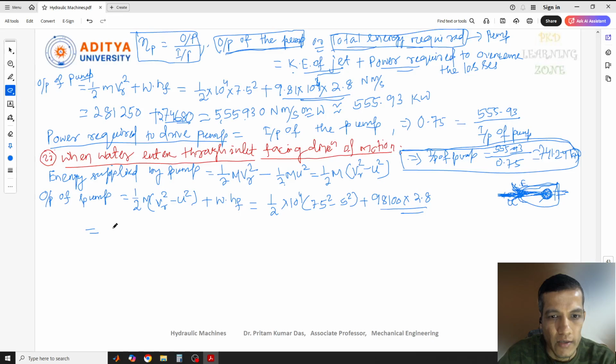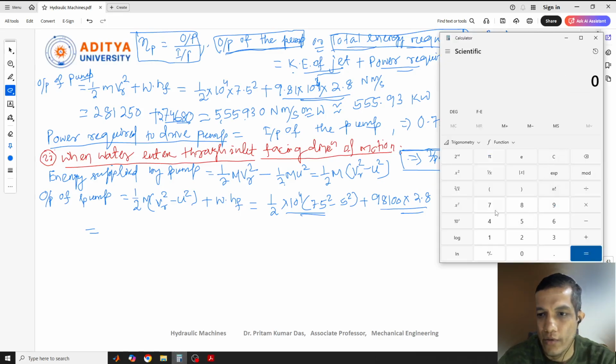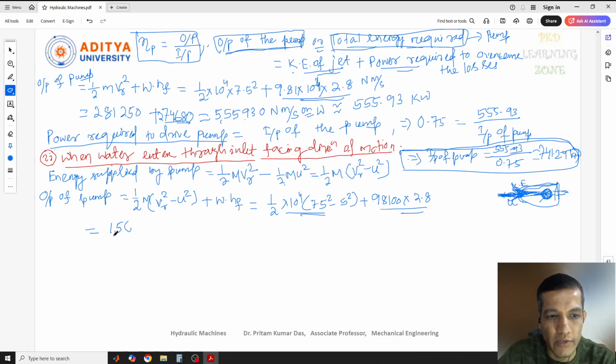So 7.5 square minus 5 square is 25, so 31.25 into 10,000, divided by 2, gives 156,250. Then 156,250 plus the previous term, the same term will be there again.